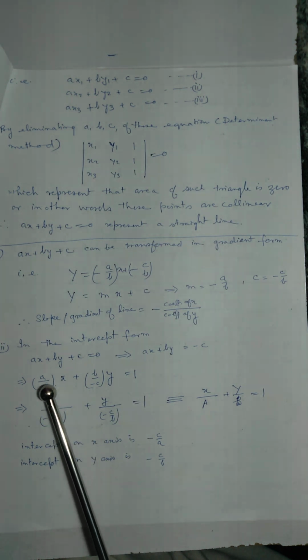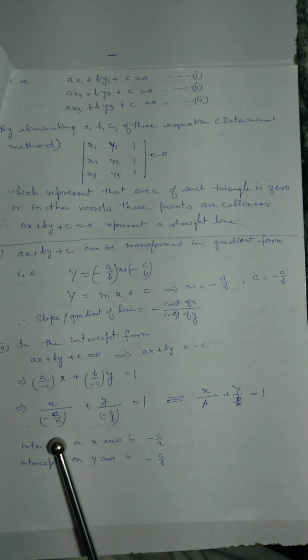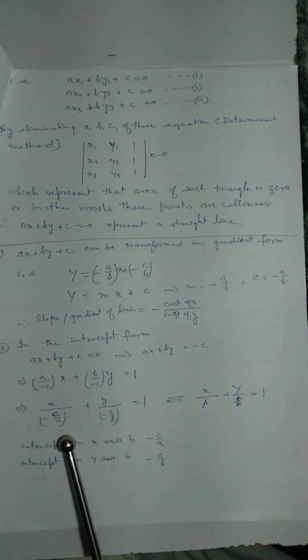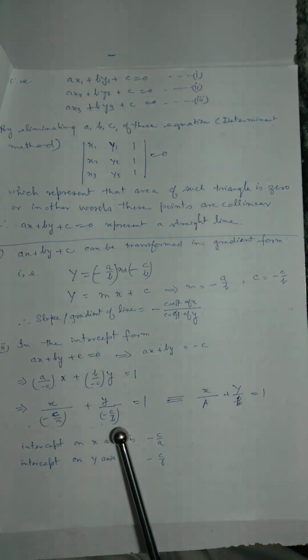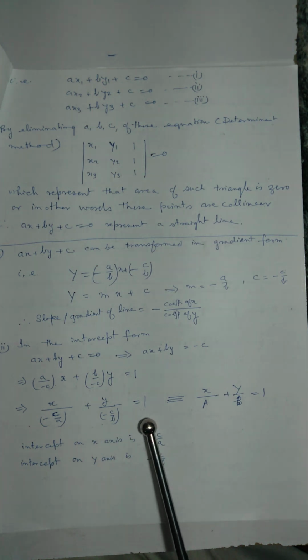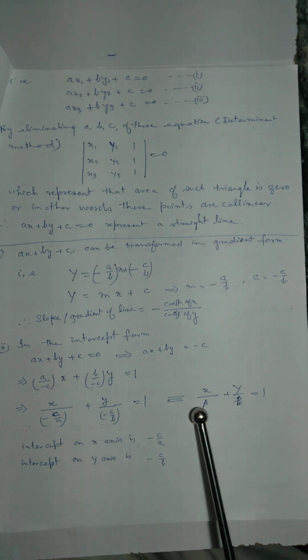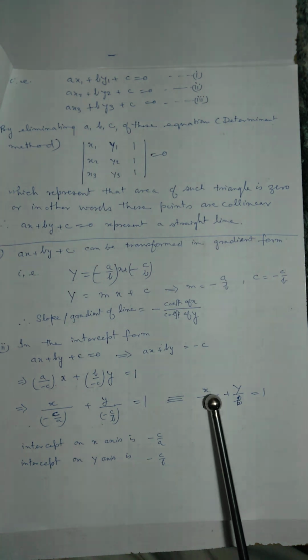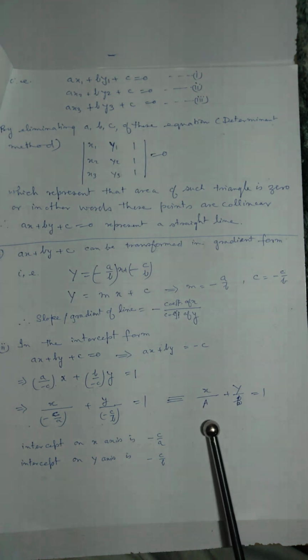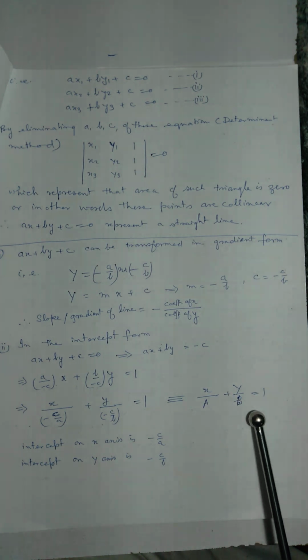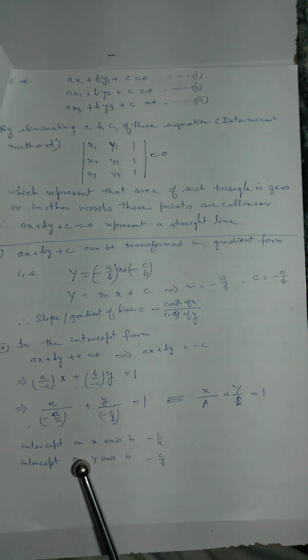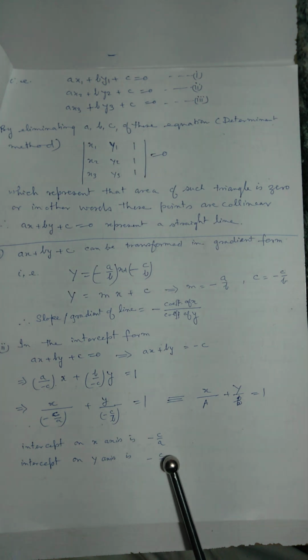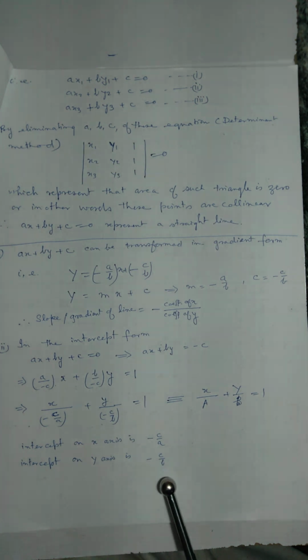Now take the reciprocal of it, that will come as x upon minus c by a, plus y upon minus c by b is equal to 1. Now it is just equivalent to the intercept formula, that is x upon A plus y upon B is equal to 1. The intercept on the x-axis is minus c by a, and the intercept on the y-axis is minus c by b.